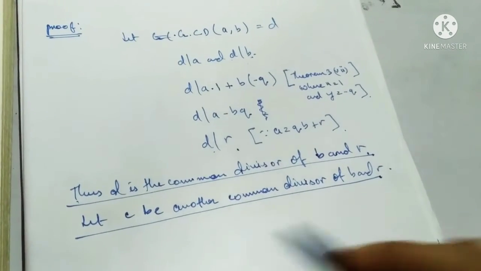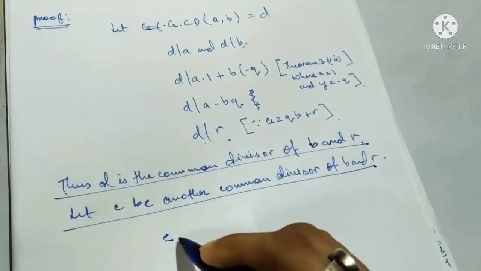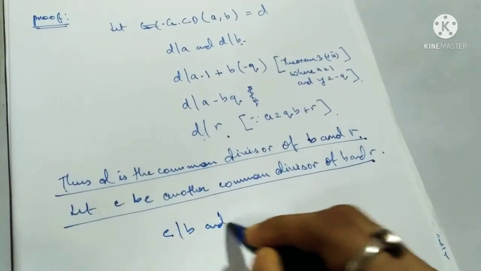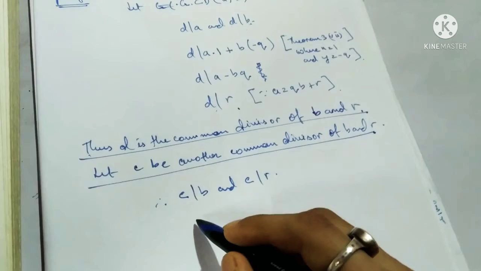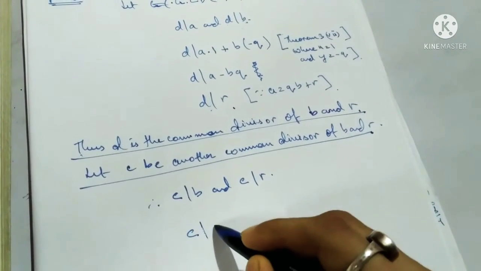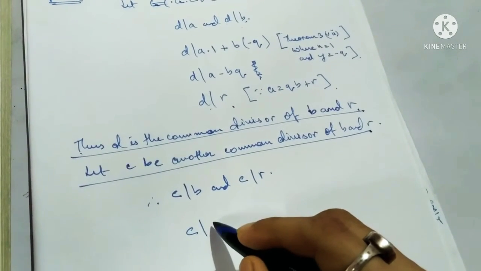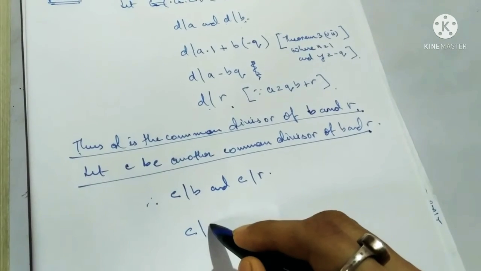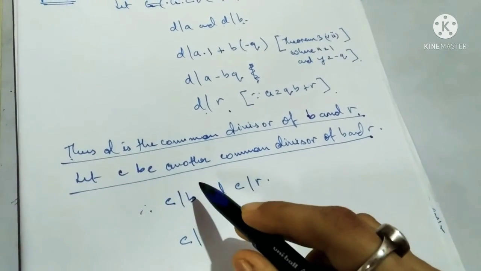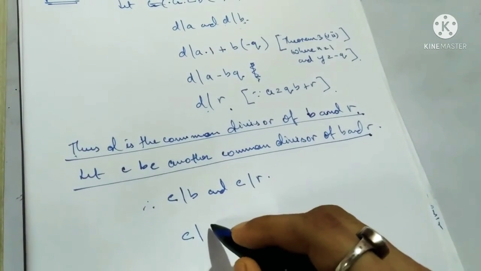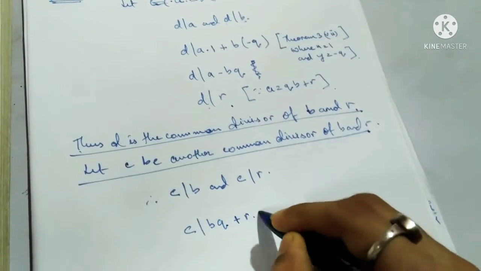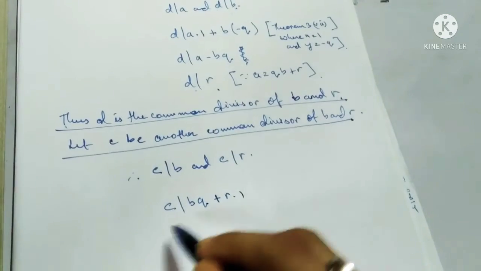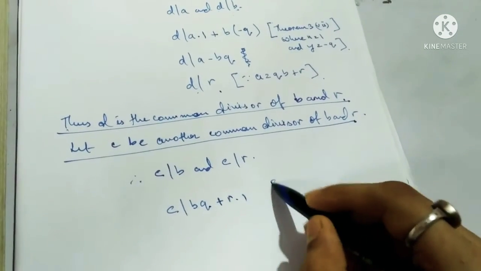So therefore I can write that C divides B and C divides R. So therefore C divides BQ plus R into 1.